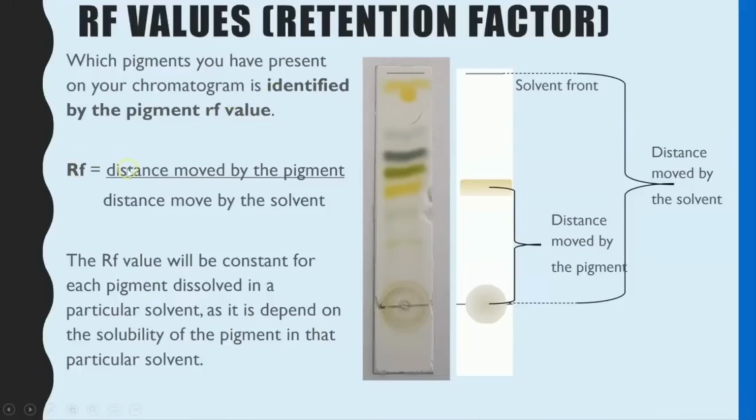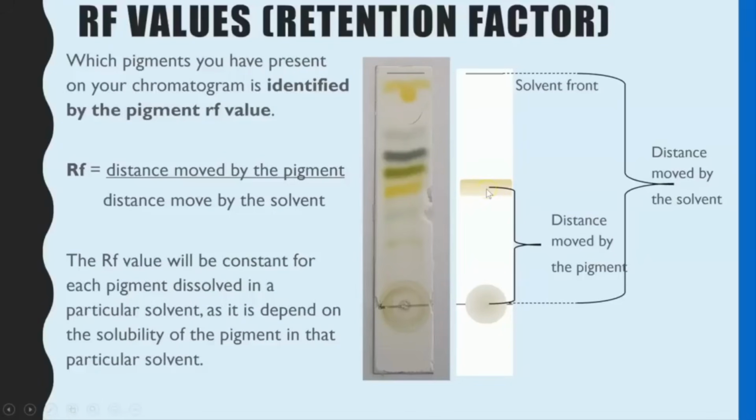And the RF value is calculated this way. It's the distance moved by the pigment divided by the distance moved by the solvent. So for example, I've picked out this yellow pigment here to demonstrate. You would need to use your ruler to measure right from the middle of your pigment original dot, and then up to the middle of the pigment of interest.